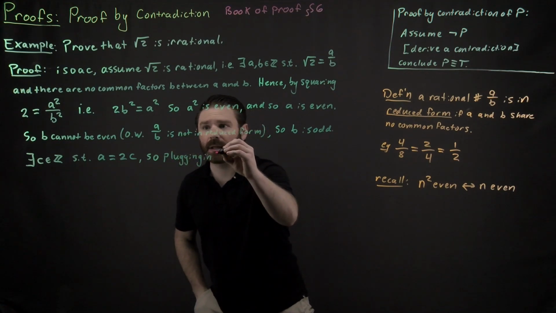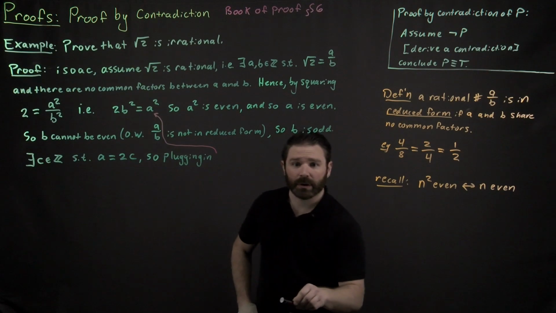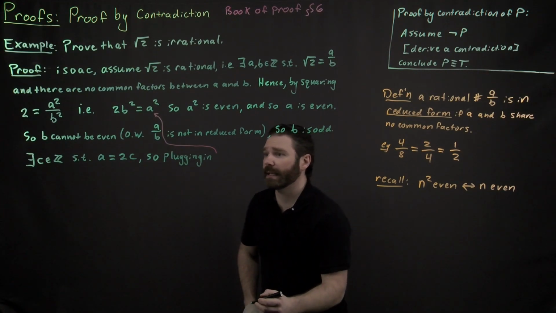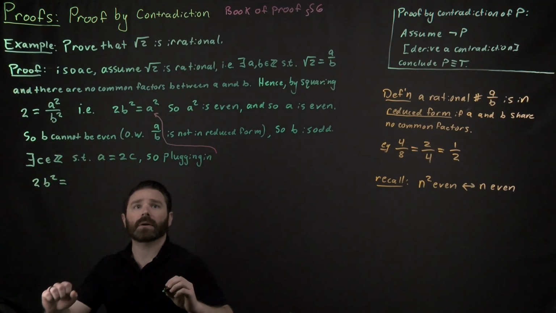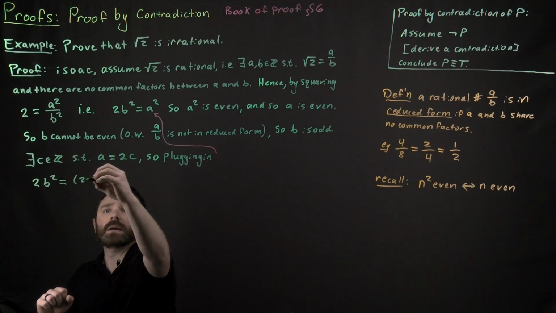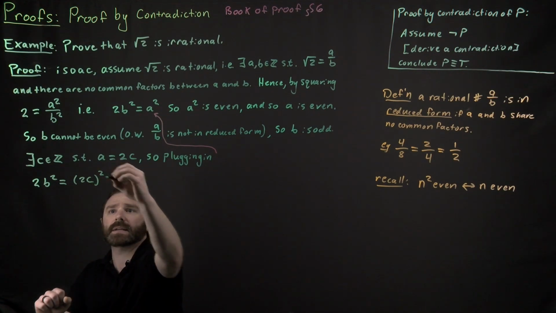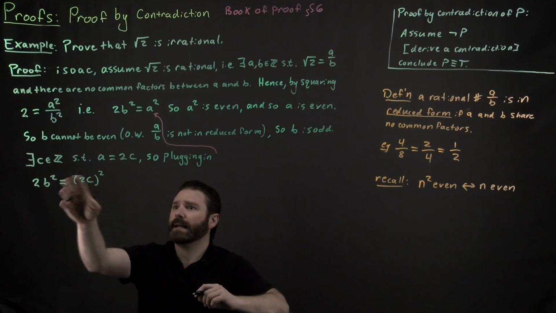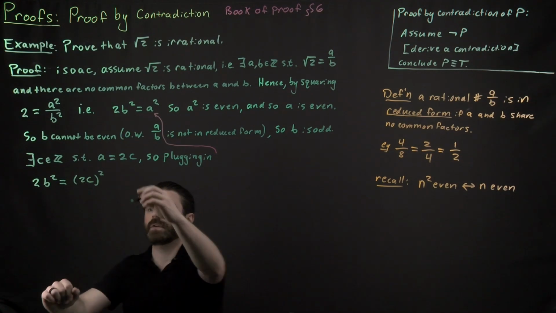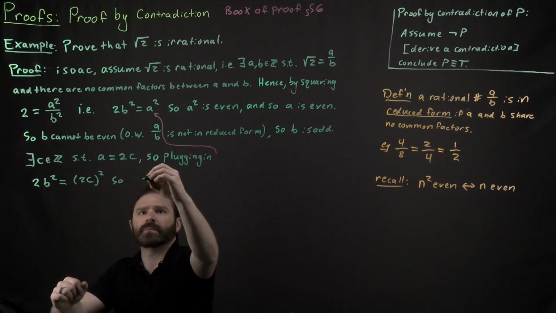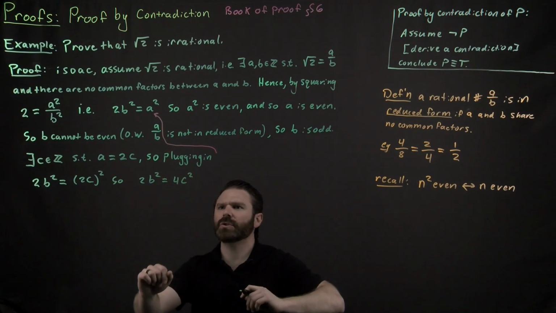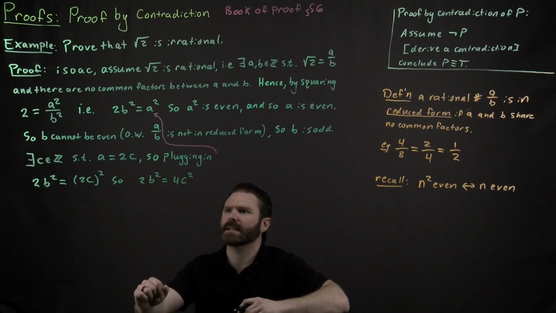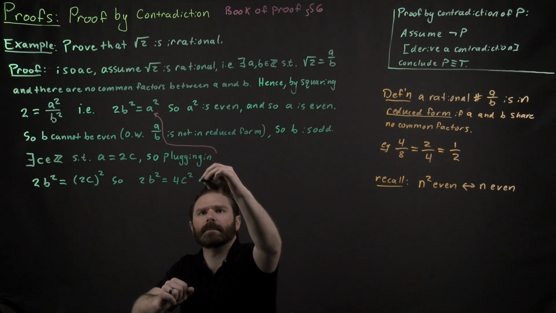So plugging in that particular equation right there, what I end up with is 2b squared, and then I substitute 2c in for a, and I square that. Now let's go ahead and simplify this a bit. 2b squared equals 4c squared. Well, I can simplify this because I see a 2 on both sides.